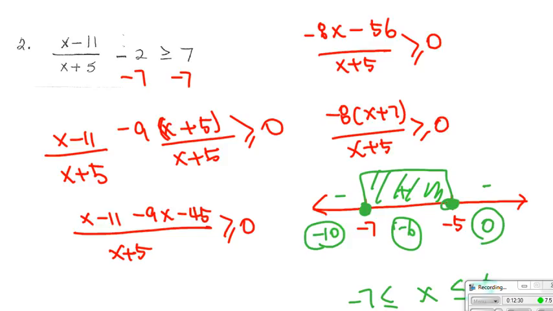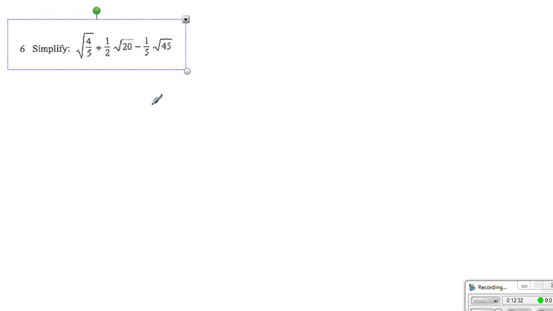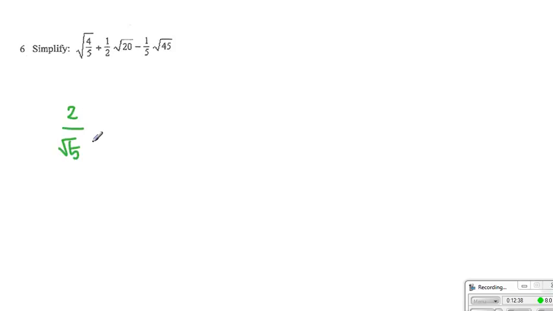Alright, let us try to simplify this one. Here we have 2 square root of 5 plus 1/2, and then this becomes 2 square root of 5, because square root of 20 is 4 times 5, and then square root of 4 becomes 2. Now minus 1 over 5 times here 3 square root of 5.